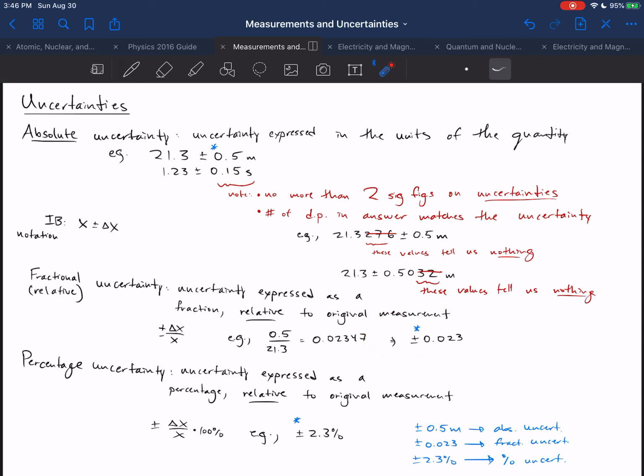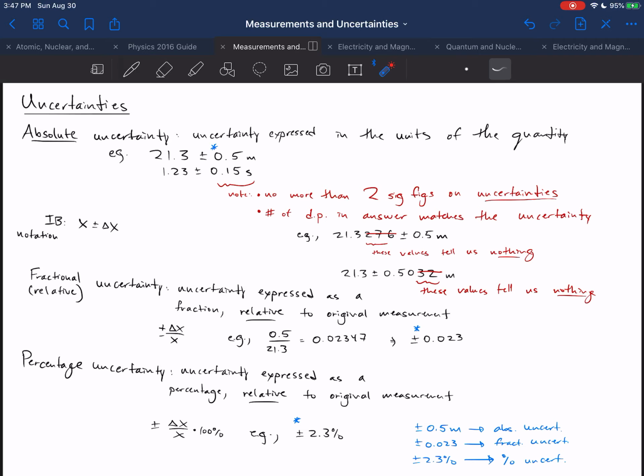Notice that the percentage uncertainty, often we're more interested in the percentage uncertainty than the fractional uncertainty, but the percentage uncertainty is just this fraction represented as a percent. So, for example, in the previous case, 0.5 divided by 21.3 is 0.023, or plus or minus 0.023, but we'll almost always represent this as a percentage. That is plus or minus 2.3%.